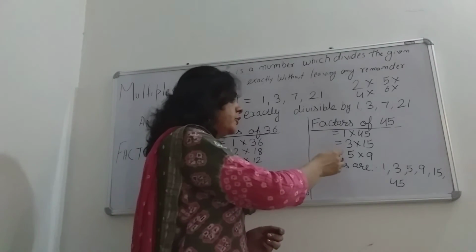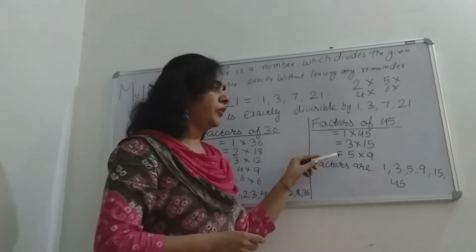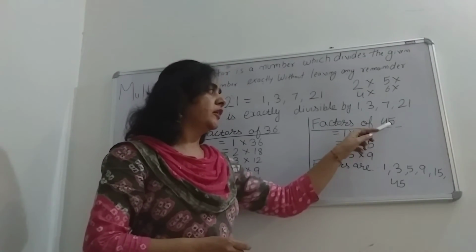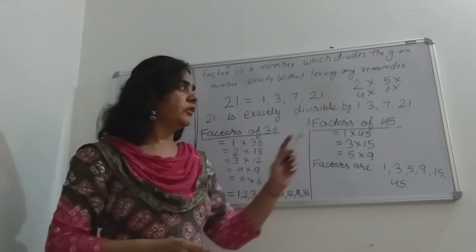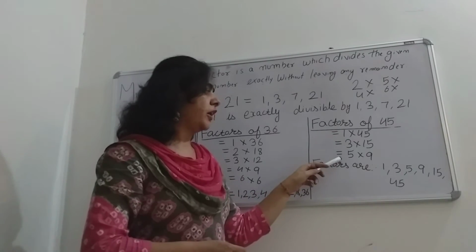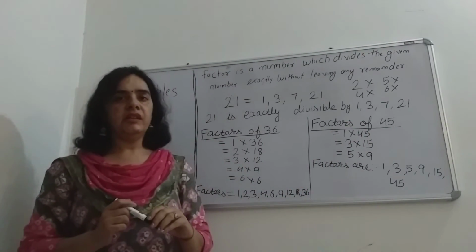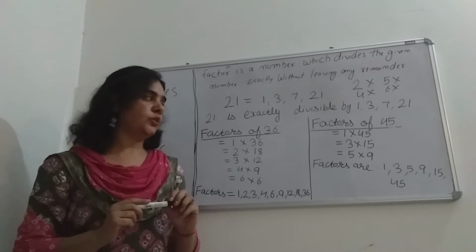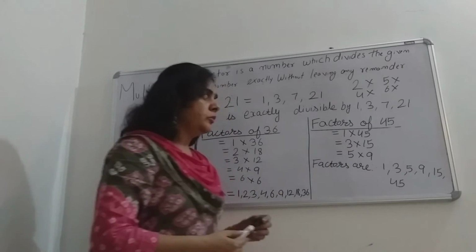Now if we try the next number, 5, and divide 45 by 5, we will see that the quotient will be 9 and the remainder will be 0. So we can say that 5 is a factor of 45 because it is completely divisible and the remainder is 0. Now you can try 6 also.